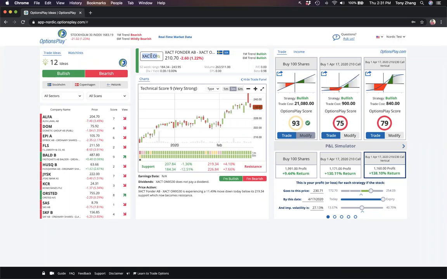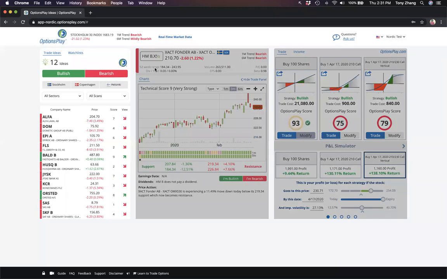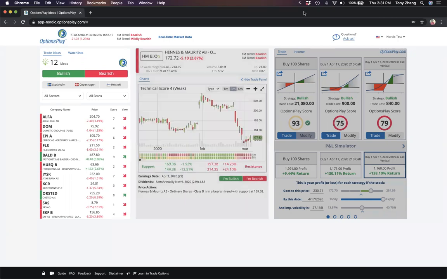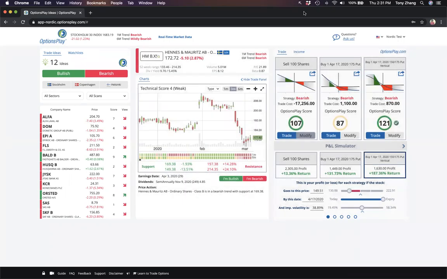Let's look at H&M, because this is a stock that almost everyone here is probably familiar with. And I think this is a good example to utilize for whether you have a bullish or bearish view. So here's H&M. It's trading at around 172 crowns.